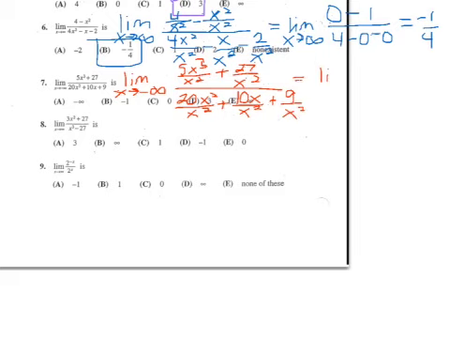So this will simplify to the limit as x approaches negative infinity of 5x over 20.